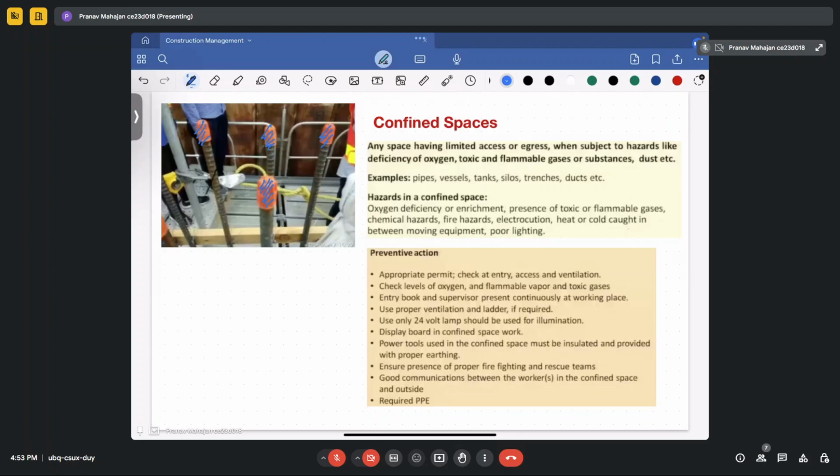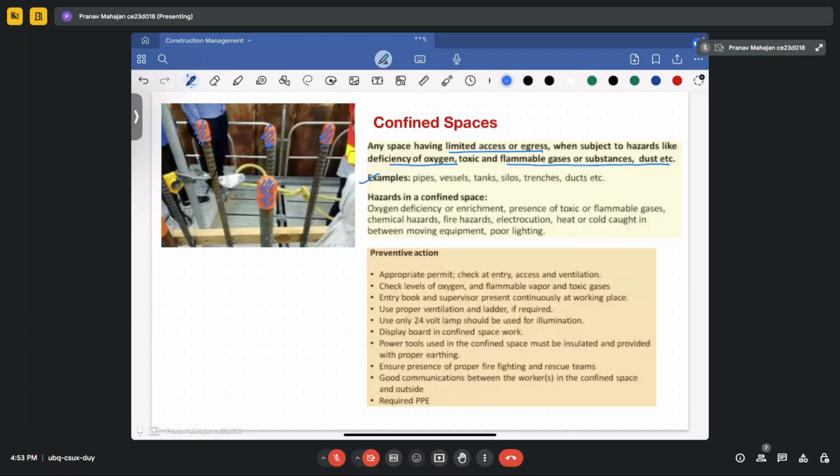First we will define what a confined space is. A confined space is one having limited access or egress, subject to hazards such as deficiency of oxygen, flammable gases or substances, or dust. Examples would be pipes, vessels, tanks, silos, trenches, ducts.